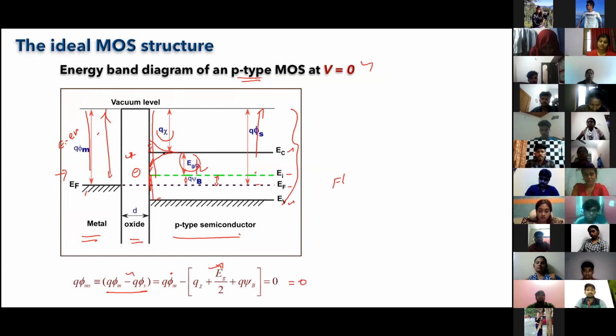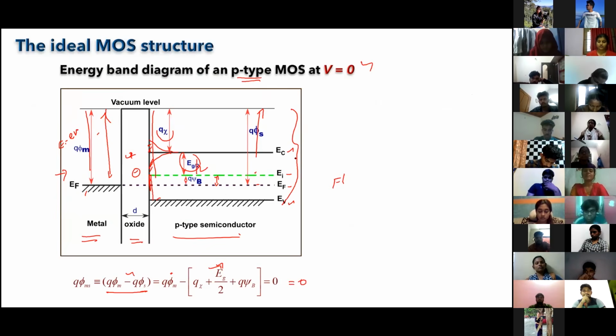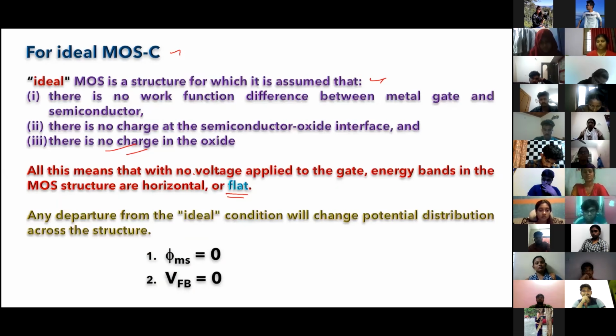So those kind of things, it's an ideal MOS, and this will happen when you don't apply any voltage, or sometimes you might have to apply a little voltage so that the energy bands in the MOS structure are horizontal, are flat, okay? So this will be happening only at 0 voltage. There, the bands are flat, like this one, the exact case as I said, okay?